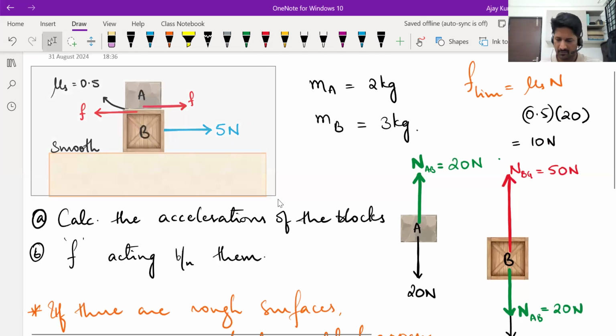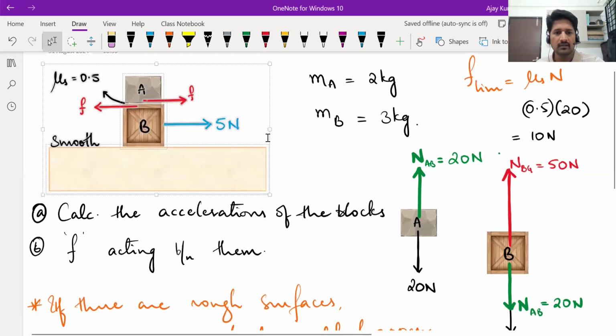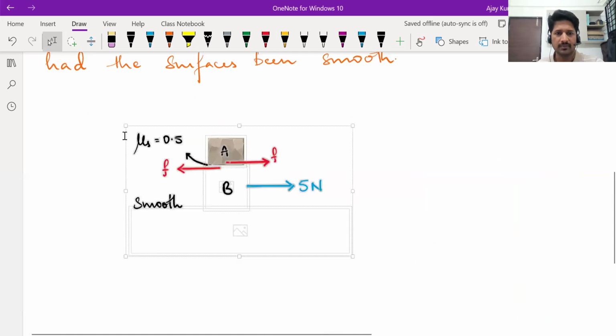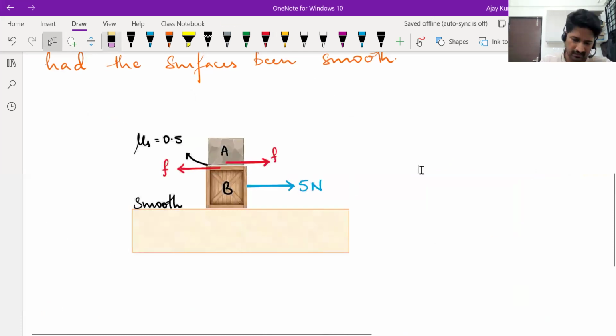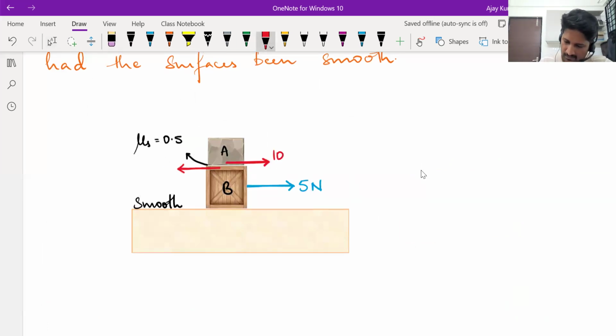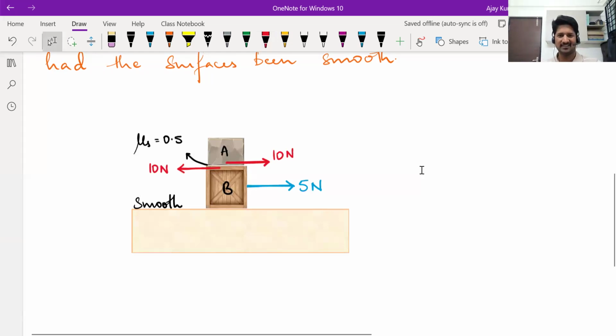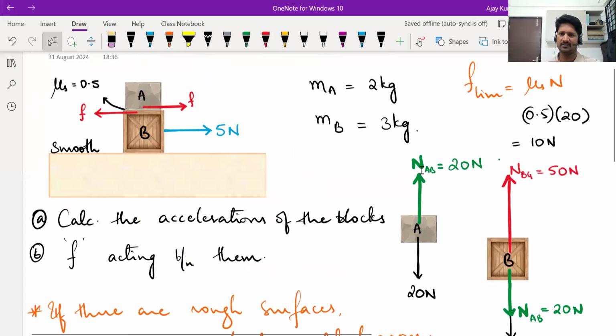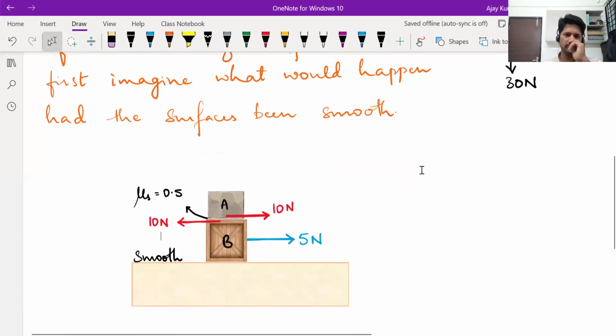You only tell me, one of you all. If 10 Newton friction acts between the blocks, as you all think, under the influence of these forces, these are the horizontal forces. Vertical we have already seen. They only help us in calculating the friction. They don't help in movement of the blocks.